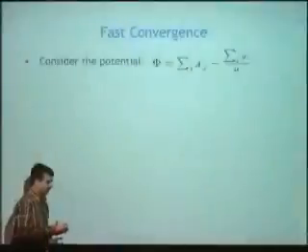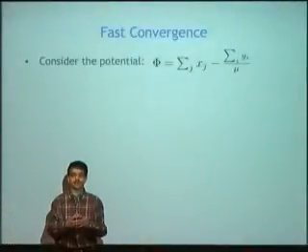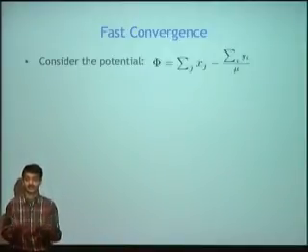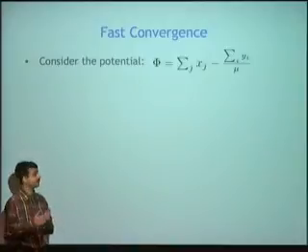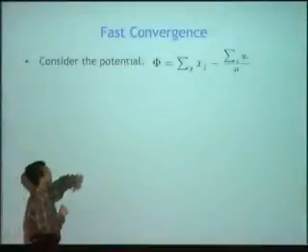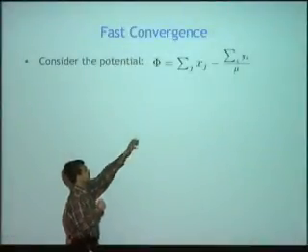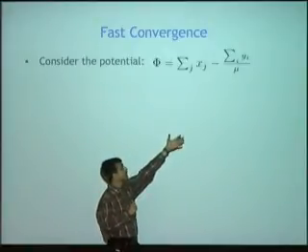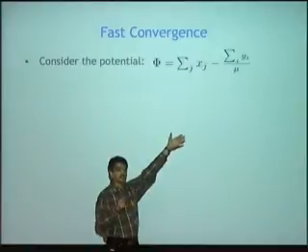So to show fast convergence, we have to have some monotone property of the algorithm, because the variables are going up and down. So it's very hard to track what's happening in the system. So that's why we looked at this particular potential function, which is essentially the primal objective function, summation xj, minus a penalty for violating primal constraints.